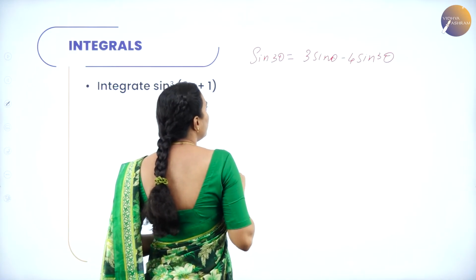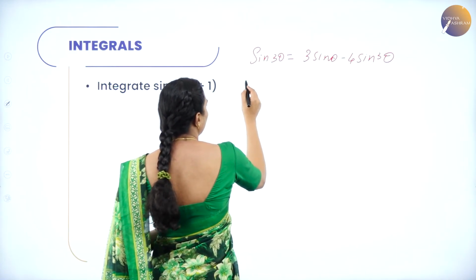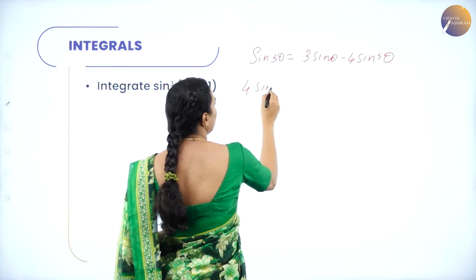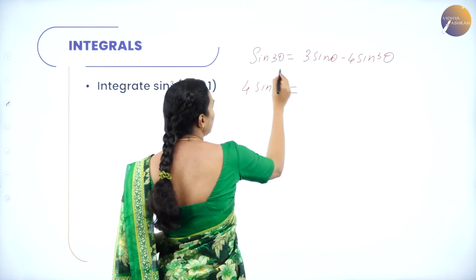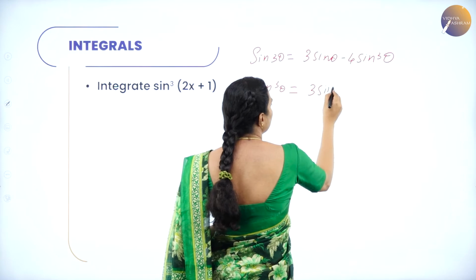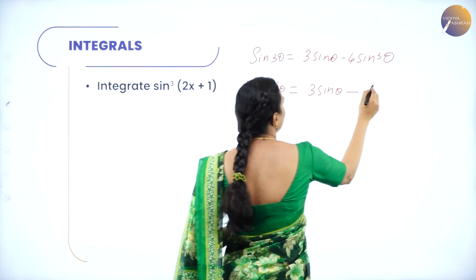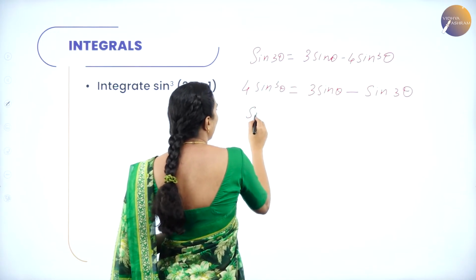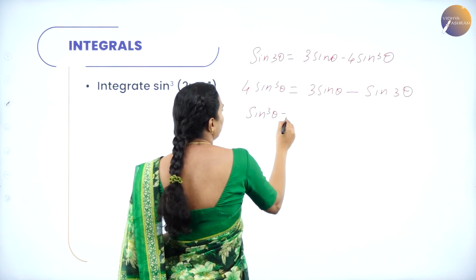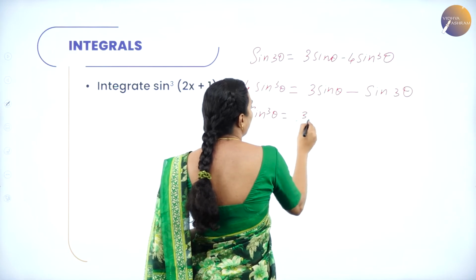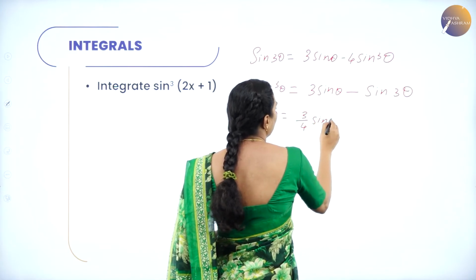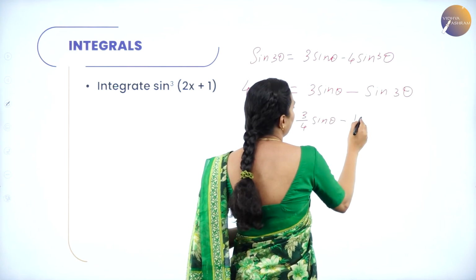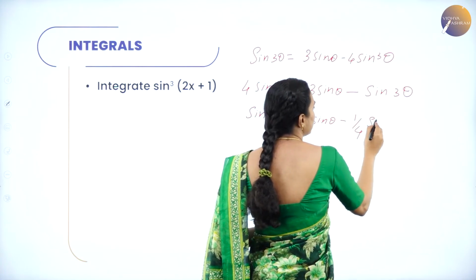So therefore, you can take 4 sine cube theta to the left hand side, which is equal to 3 sine theta as it is minus sine 3 theta. Therefore, sine cube theta can be written as 3 by 4 into sine theta minus 1 by 4 into sine 3 theta.